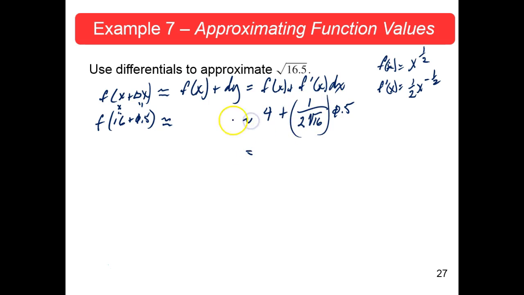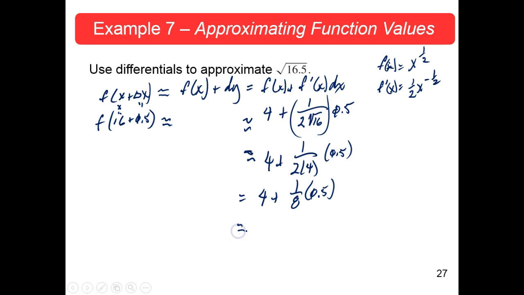So this is approximately equal to 4 plus, now, what's the square root of 16 again? Okay, so this will be 4 plus 1 over 8 times 0.5.